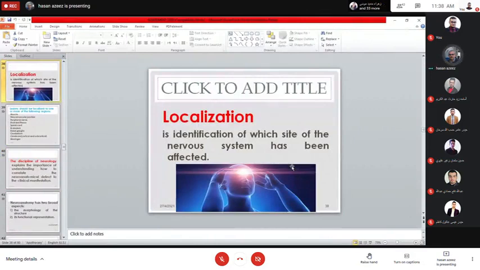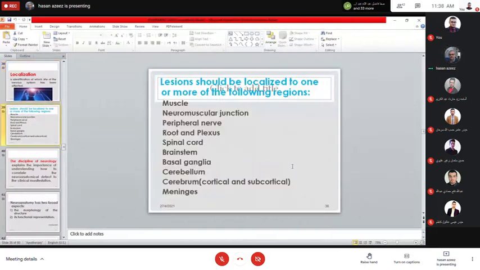As a definition, localization is identification of which site of the nervous system has been affected. We have these 10 potential sites of localization.